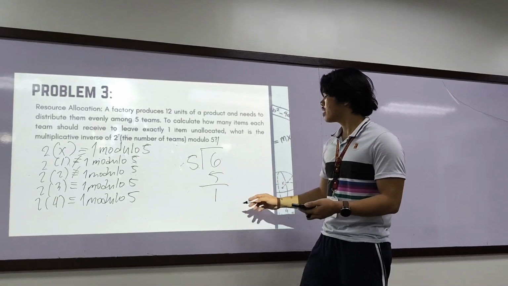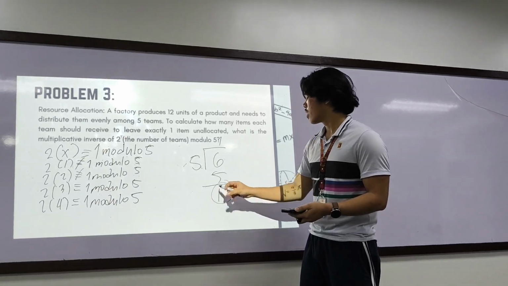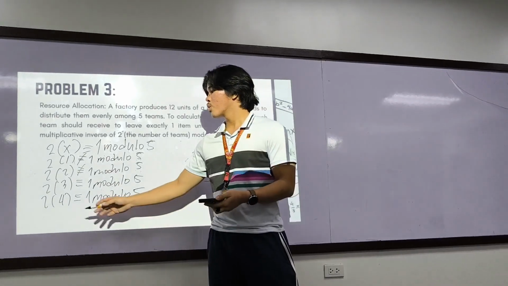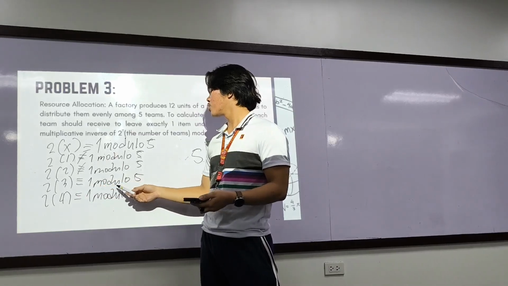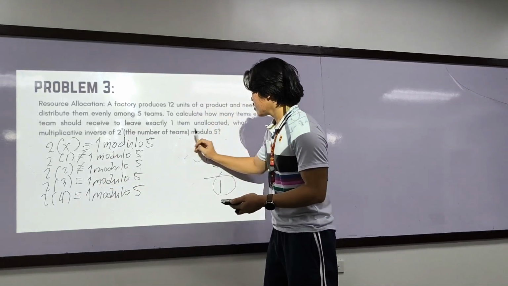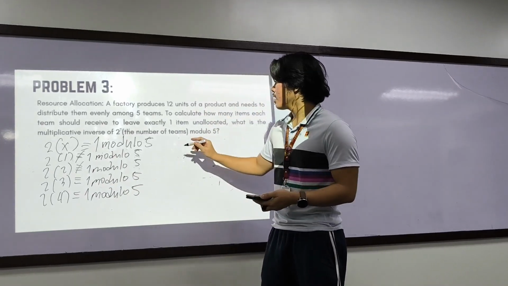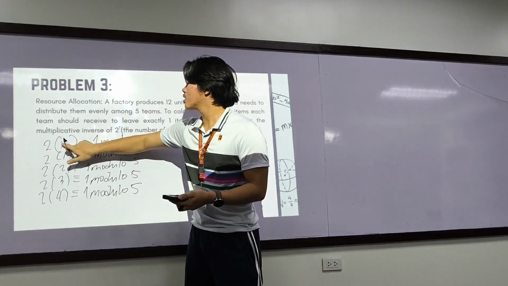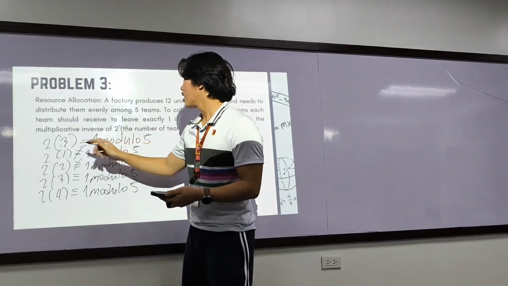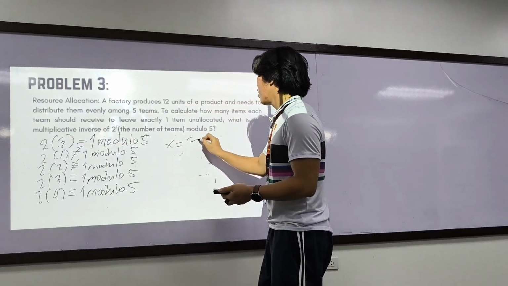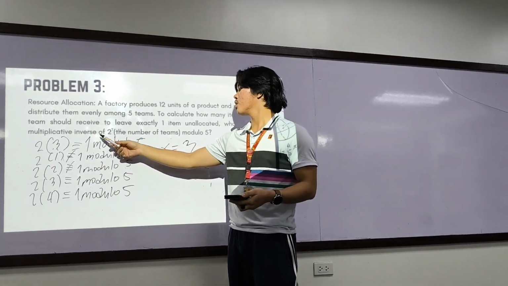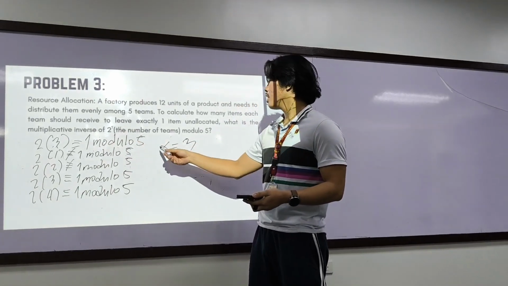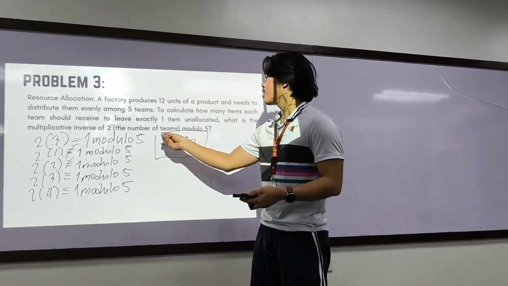So the remainder that we have is now 1, which will conclude that 2 times 3 is congruent to 1 modulo 5, and x here is equal to 3. We can now conclude that the multiplicative inverse of 2 modulo 5 is 3.